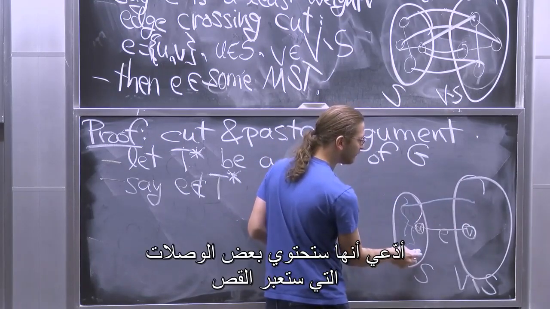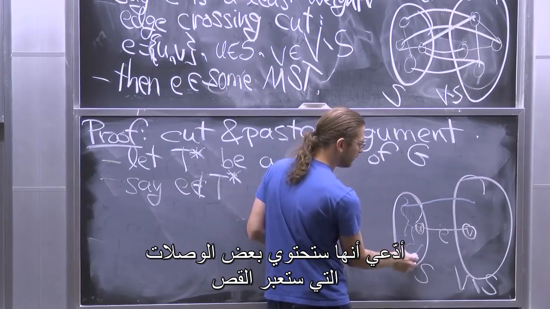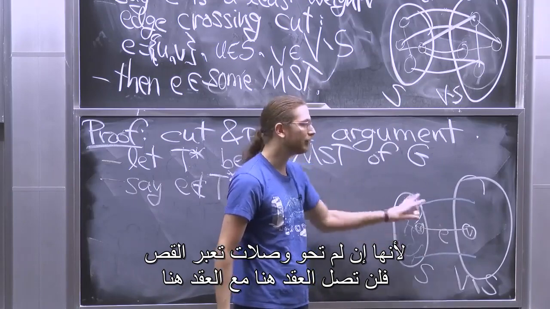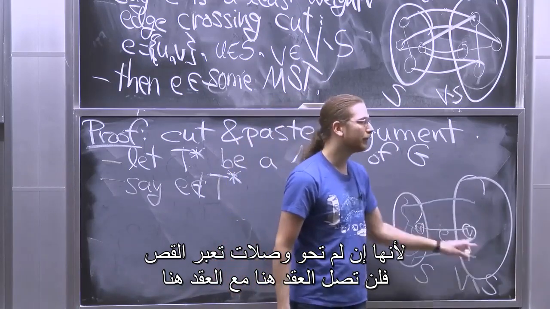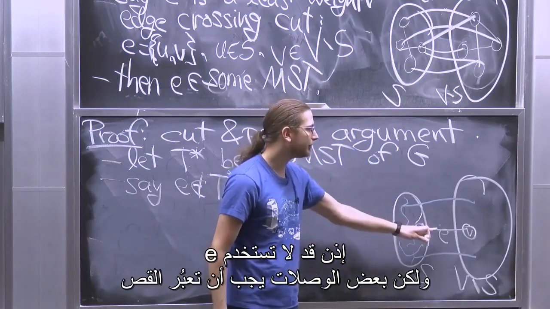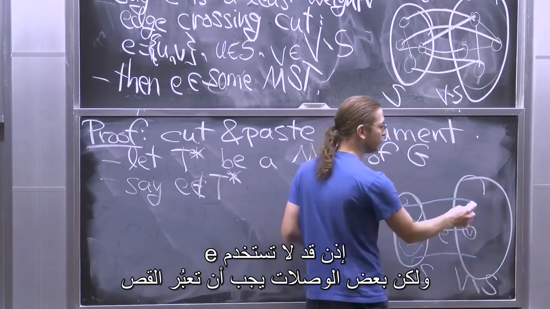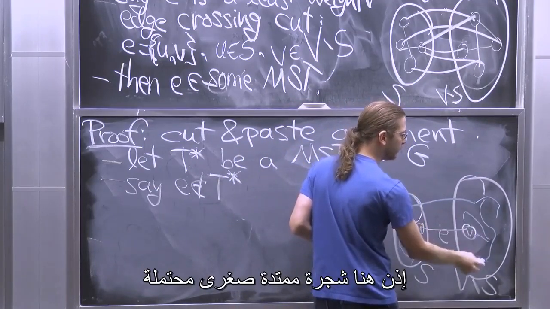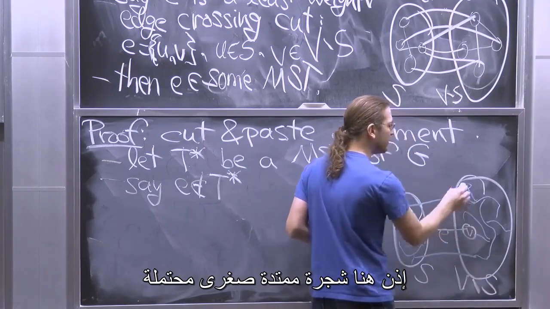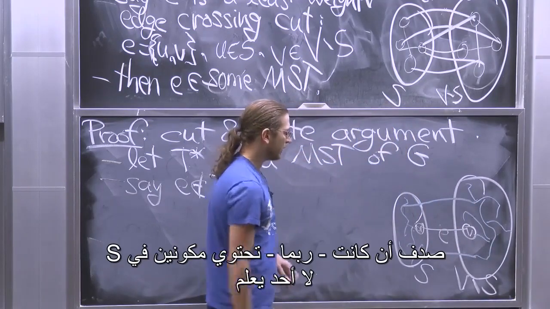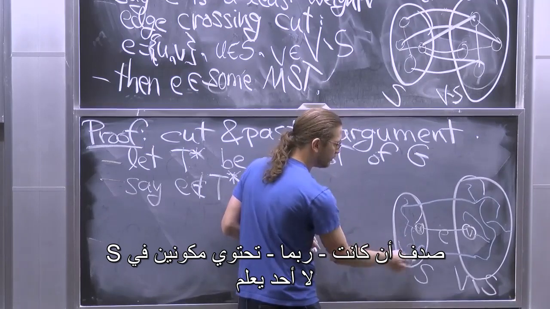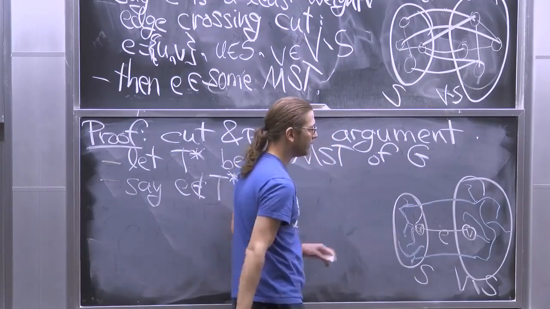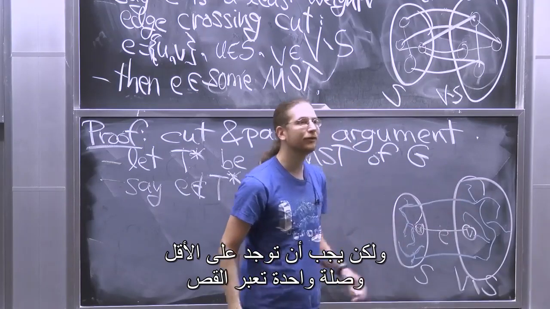I claim it's got to have some edges that cross the cut, because if it has no edges that cross the cut, it doesn't connect vertices over here with vertices over here. So it may not use E, but some of the edges must cross the cut. So here's a possible minimum spanning tree. If it happens to have two components over here in S, maybe, who knows? But there's got to be at least one edge that crosses over.